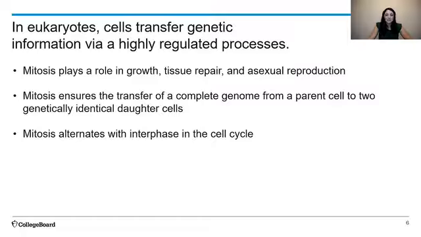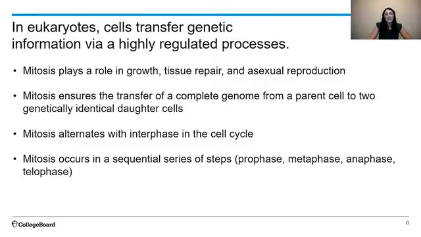And mitosis alternates with interphase in the cell cycle, and they cycle back and forth. Mitosis occurs in a sequential series of steps, starting with prophase, moving to metaphase, then anaphase, and telophase. And lastly, mitosis is followed by cytokinesis.